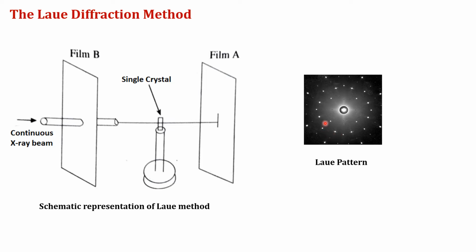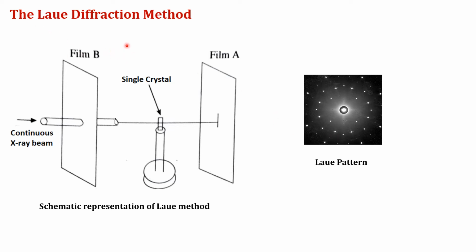The resulting pattern indicates the regular arrays of atoms, and from that result we get the actual orientation of a given crystal. That means each spot on that pattern gives the crystal orientation of a given material. The Laue diffraction method is also used to assess crystal perfection from its size and shape.